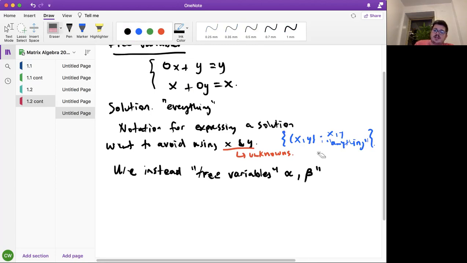These will represent that they're free to be any real number.